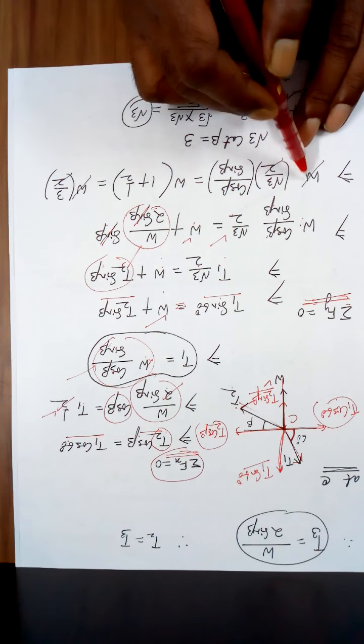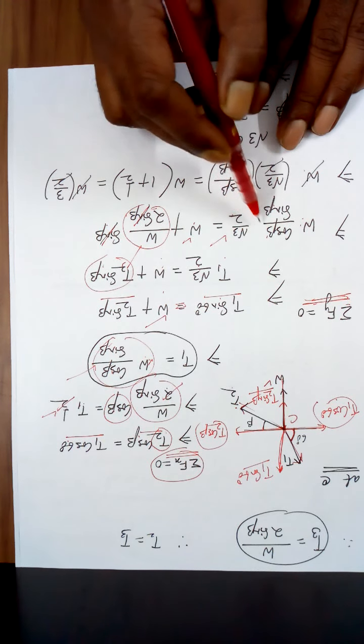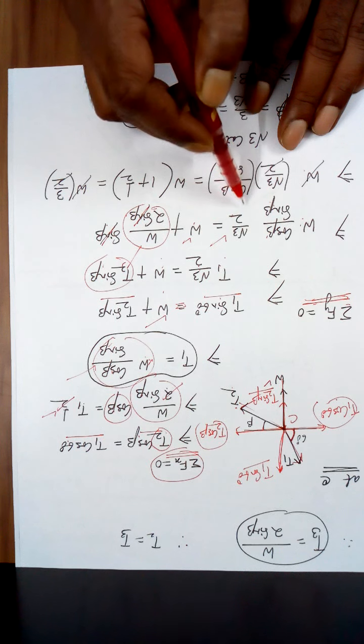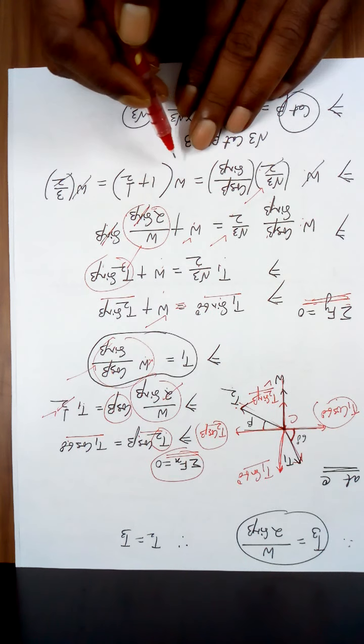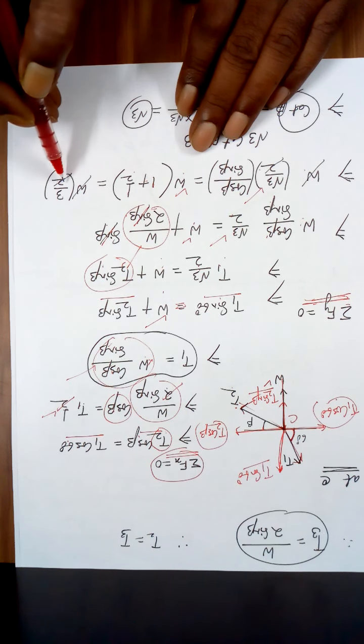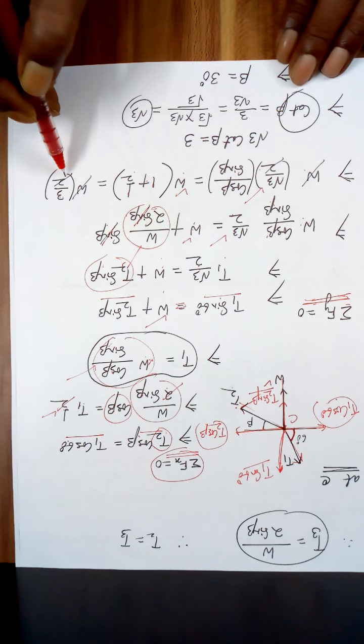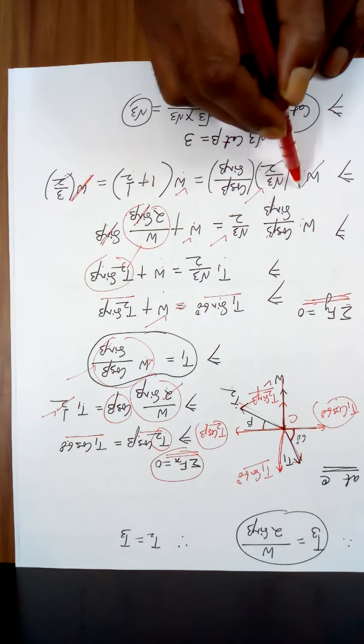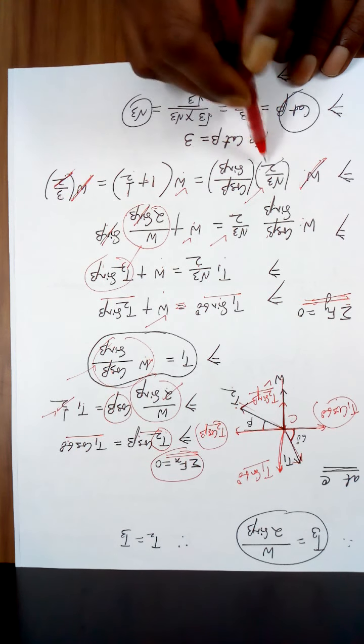Now W, this is cos beta over sin beta, root 3 over 2. Now W here taken common, so I am left with 1 plus 1 by 2, that is equal to 3 by 2. Now this W cancels with this, and these two cancel with this.